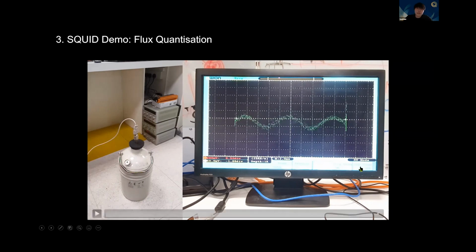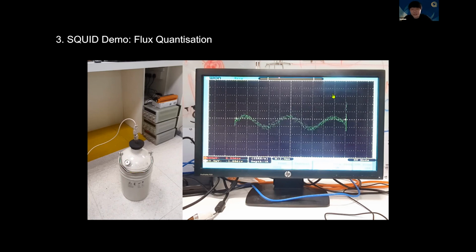One interesting thing to note here is that this flux quantum value, the period from this point to this point, is extremely small, right? Flux quantum is h over 2e, and h is on the order of 10 to the power of negative 34, and e is 10 to the negative 19, I think.